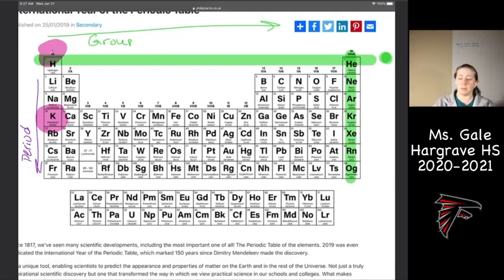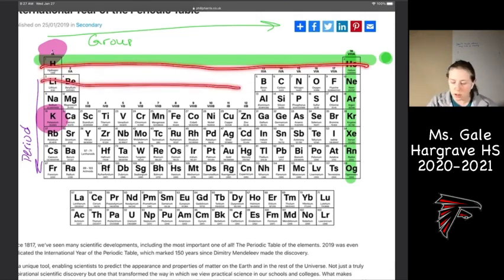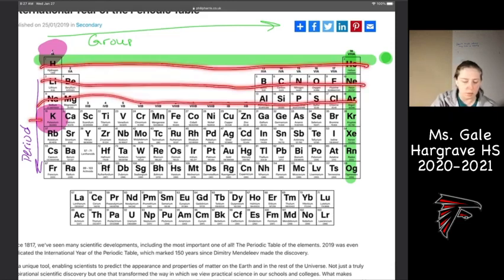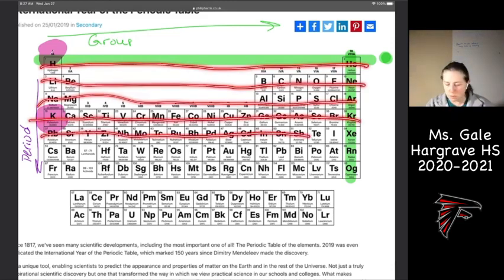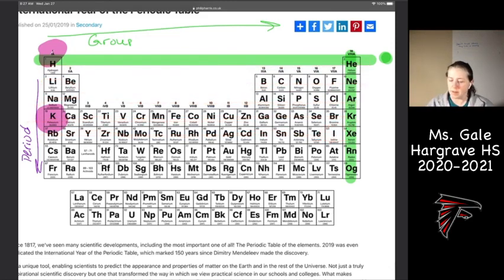Let's find what group iodine is in. Let's go back to our periodic table and search for iodine. Nope, not there. Nope, not there. Look for I. Nope. I. Nope. Oh, found him. So iodine is in group 7A.